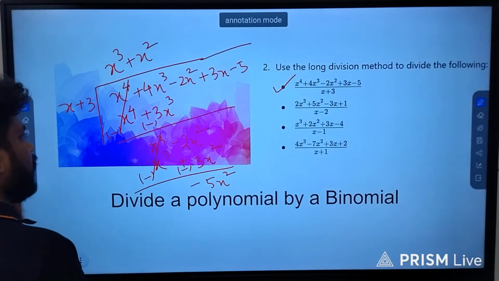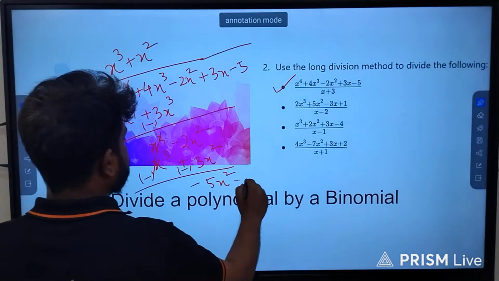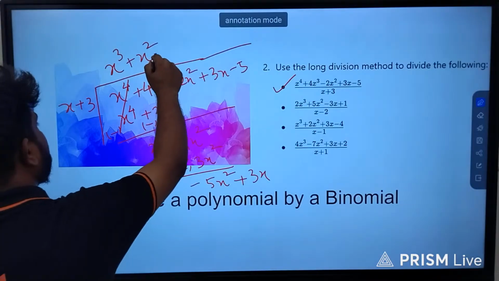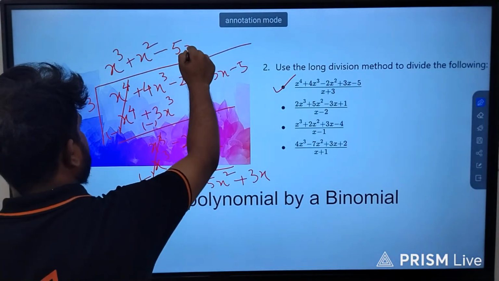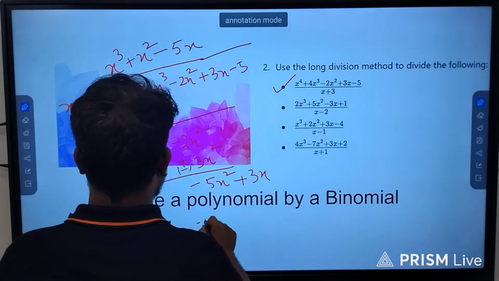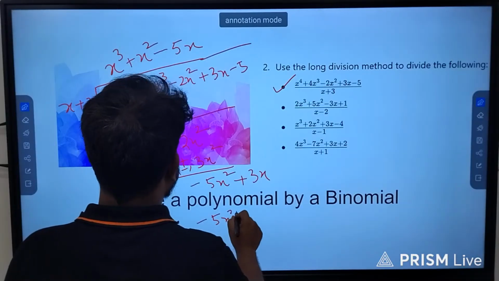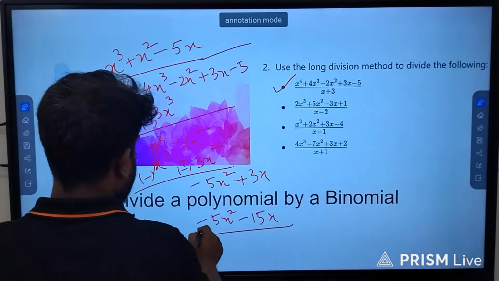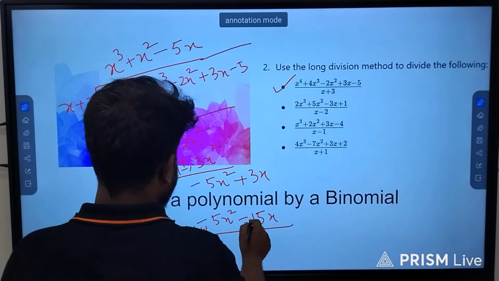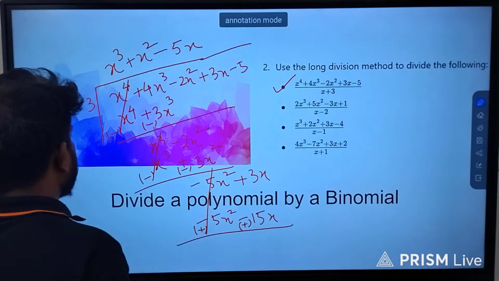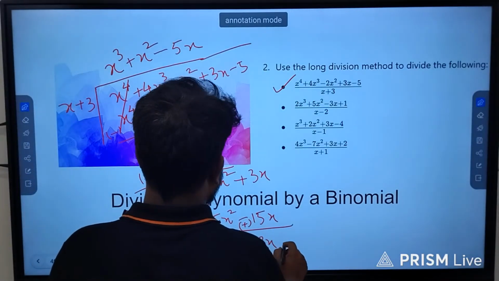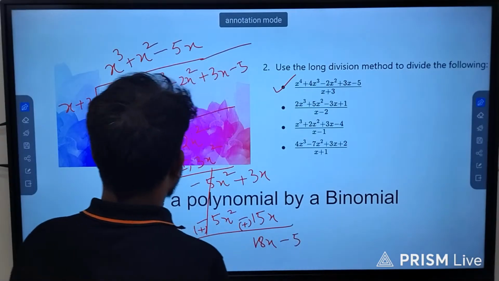Now take minus 5x, so it will be minus 5x square minus 15x. Change the sign, so cut it down, and we now have 18x minus 5.